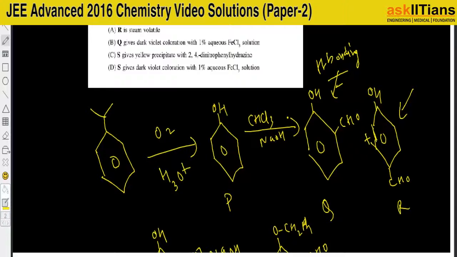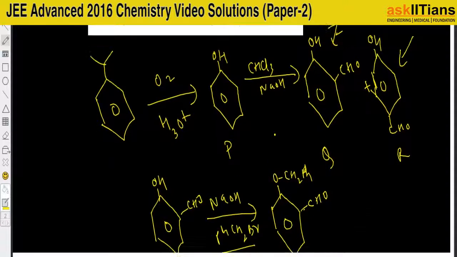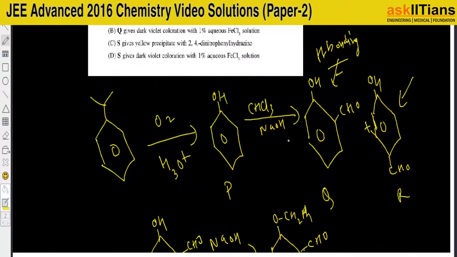If I look at B, B is saying Q gives dark violet coloration with 1% aqueous FeCl3. Let's look at Q. So Q is your salicylaldehyde. Now guys, you must know that phenols give violet colors if I pass the FeCl3 solution to them.